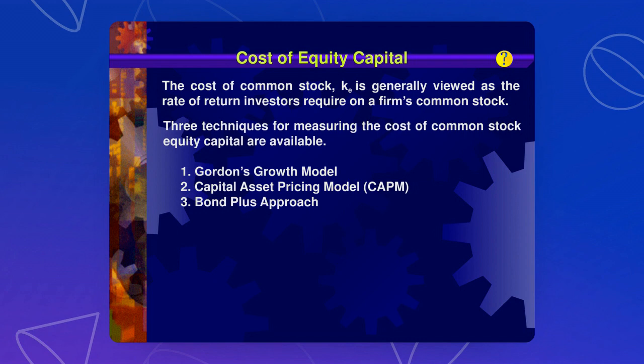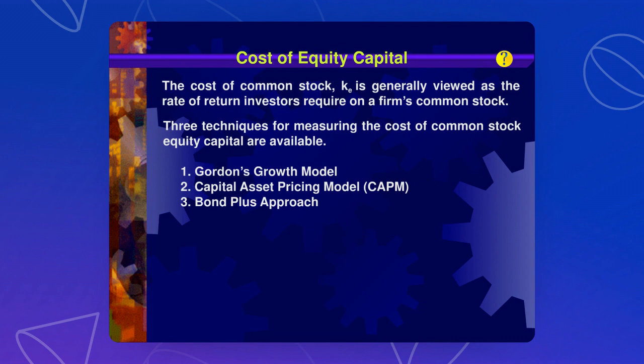There are three methods or techniques for measuring our cost of common stock. Number one, the Gordon's growth model. Number two, the capital asset pricing model. Number three, the bond plus approach model. We will do one by one, no?